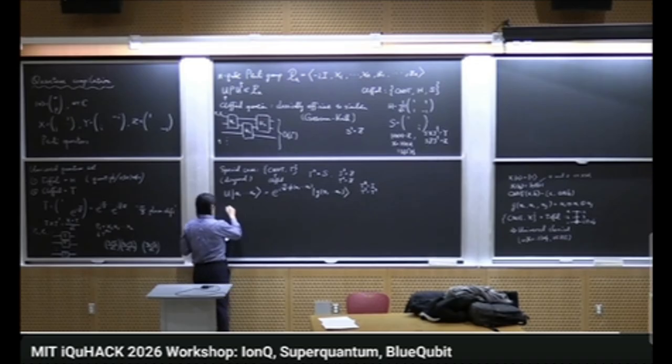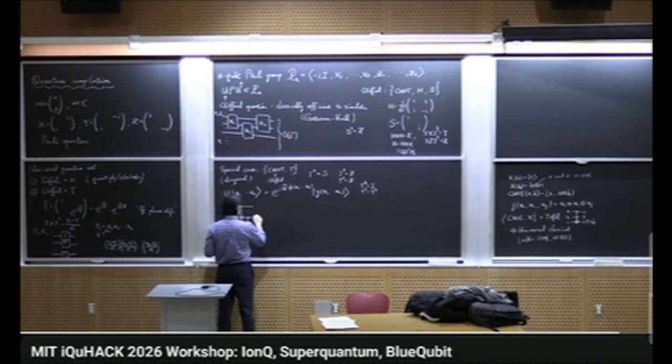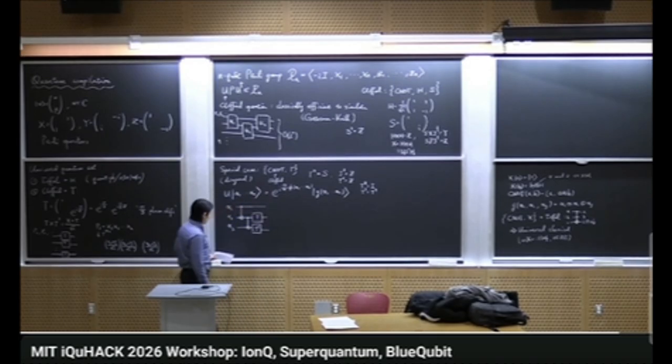So consider this example where we have 3 qubits and we have a C naught here, and then we have a T gate here, and T dagger here. So this circuit, the first part of this is completely classical.